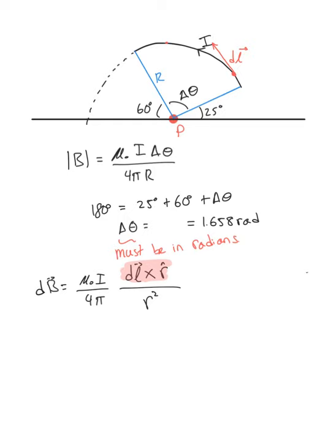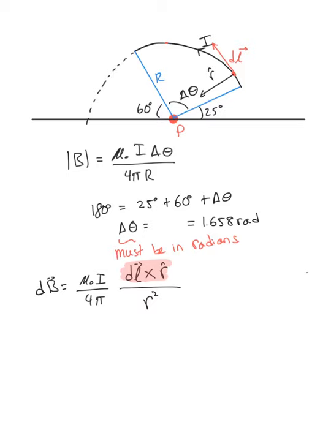Okay, so dl here points up and to the left, and then my r hat vector points from this point towards the center. So this is my r hat vector. And if we take this cross product, we can just use the right-hand rule for this. So our index finger points in the direction of dl.